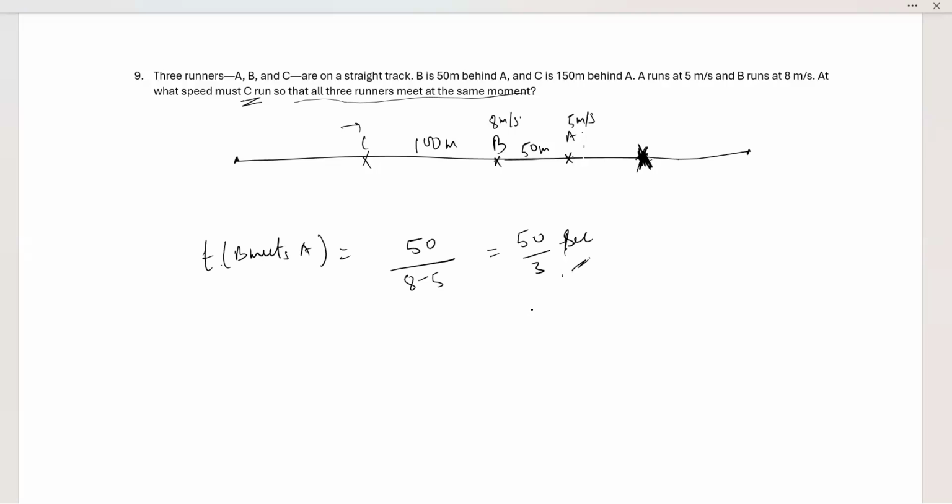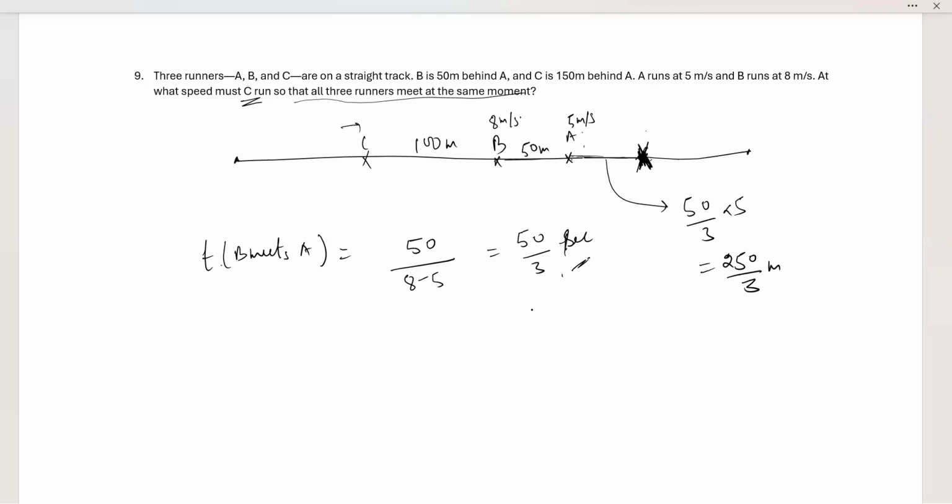And in this much time, what is the distance that A would have traveled, or for that matter B would have traveled? This distance would be 50 by 3 into 5, which is 250 by 3 meters. So this is the point at which A and B will meet.